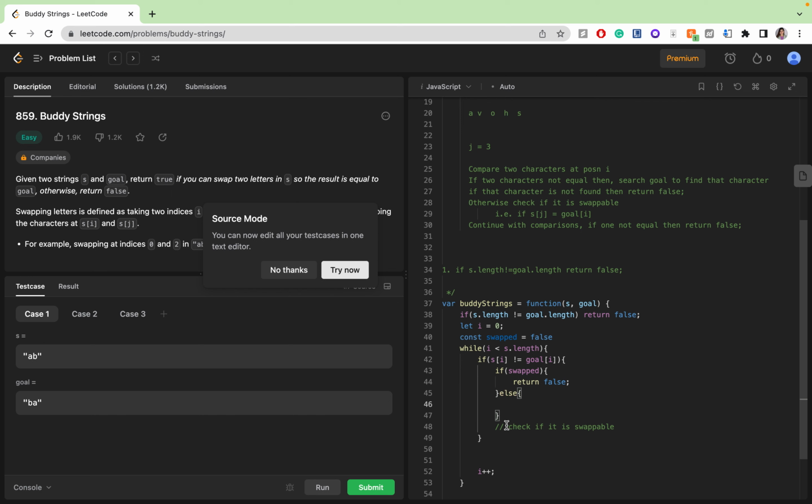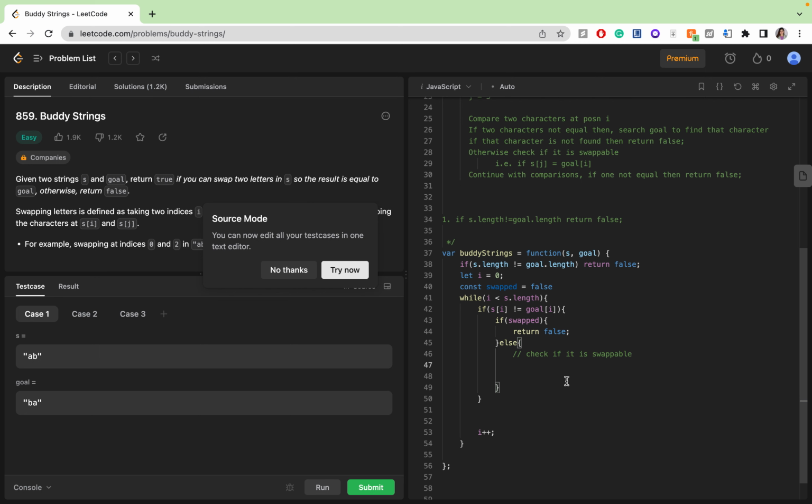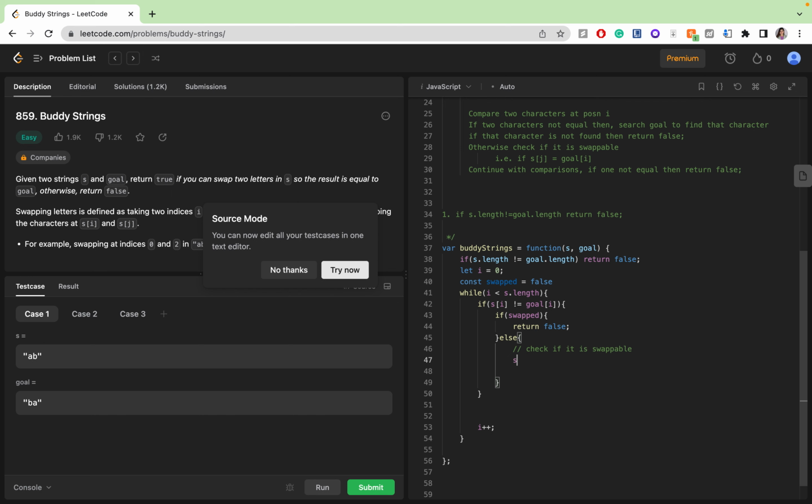Otherwise I need to check if it is swappable. So how to check if it is swappable or not? I can just call a function swappable or not.